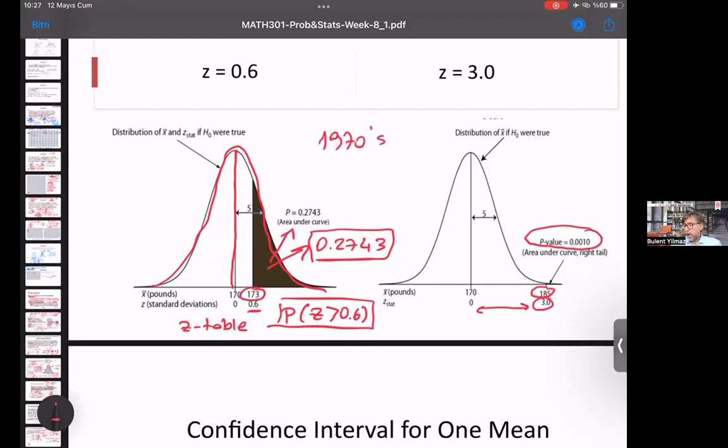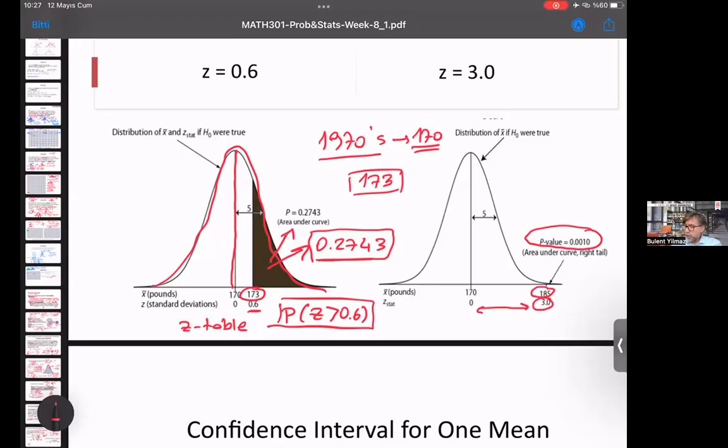Is the height of people in Ankara, in Turkey, in Kayseri, changing through time? It was 170 in the 1970s. Now I found 173 in my sample. From that sample, I can say that we will do those kinds of tests. We will call them hypothesis tests. We will see them in a couple of weeks' time.